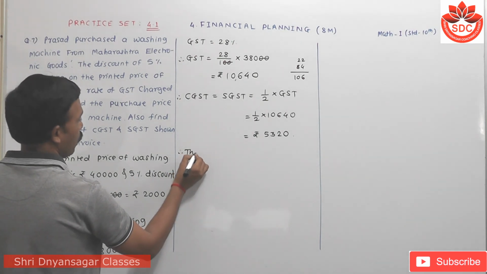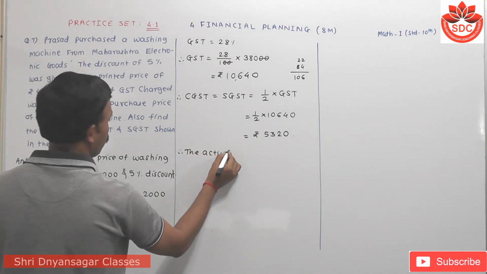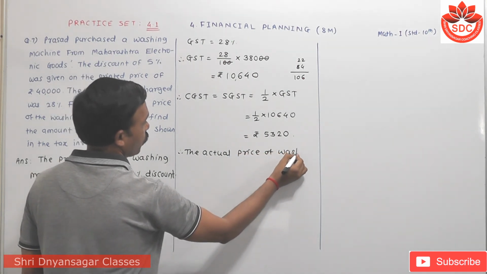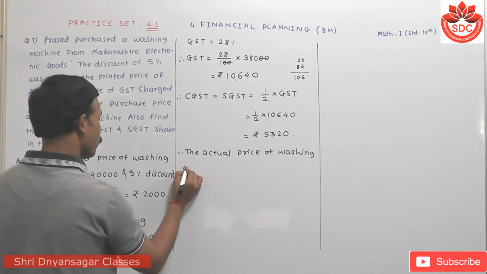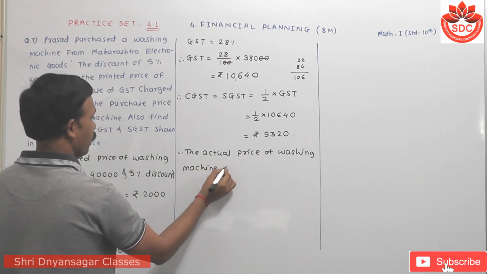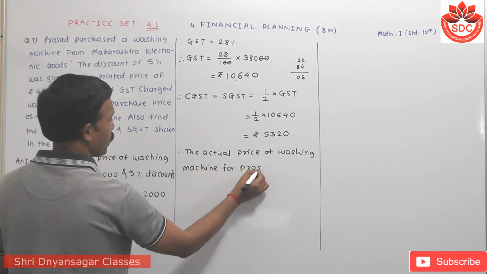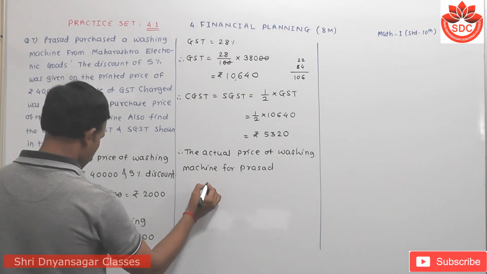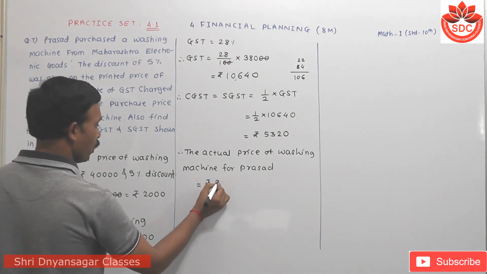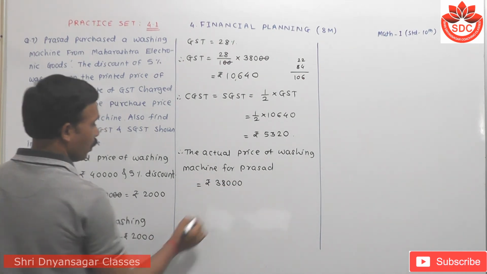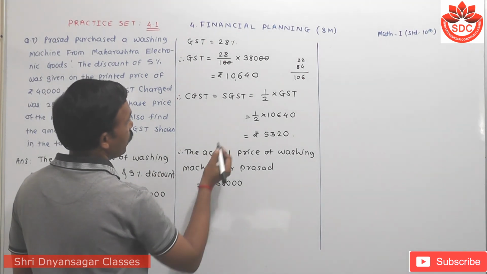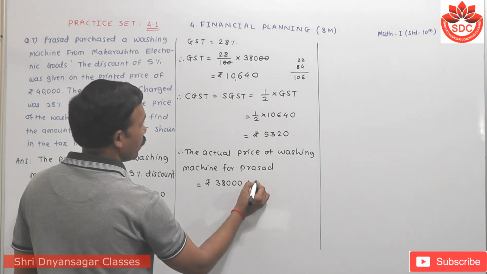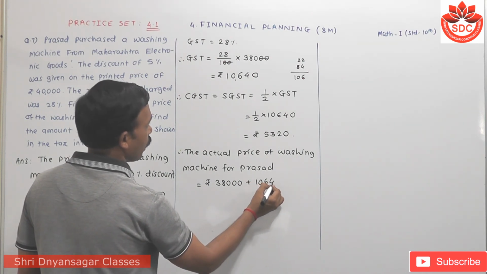Therefore, we have to find out here the actual price of the washing machine for Prasad. Therefore, the actual price of washing machine for Prasad is equals to, we have to take here 38,000 plus this GST is 10,640.